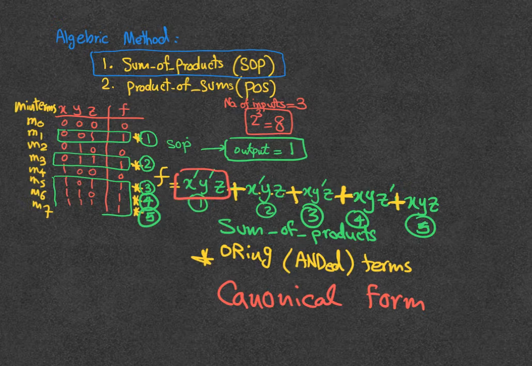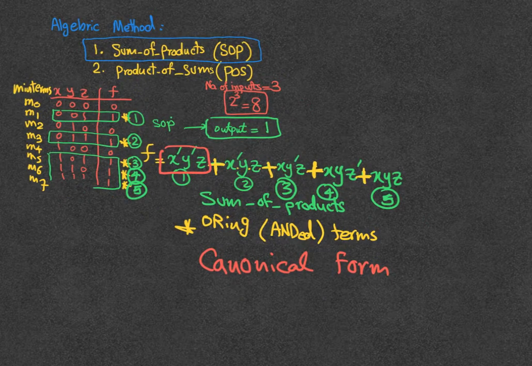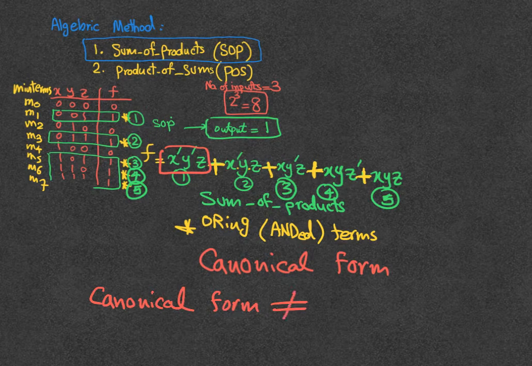So if you look at all the terms, you can see all the inputs in all the terms. So that's why it's called canonical form. Canonical form is not minimal form.